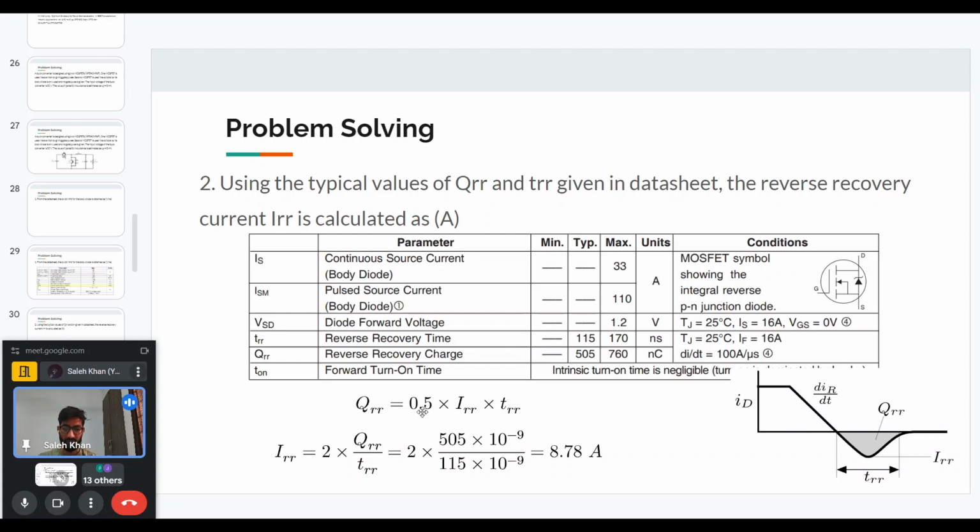And based on this expression, we can find the value of IRR. We substitute the values of the typical QRR and TRR, and then we will get the reverse recovery current, which is 8.78 ampere in this case.